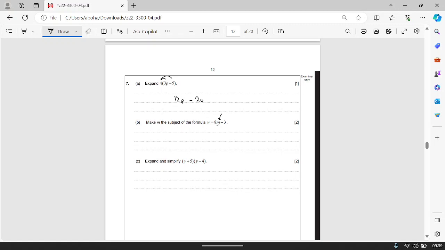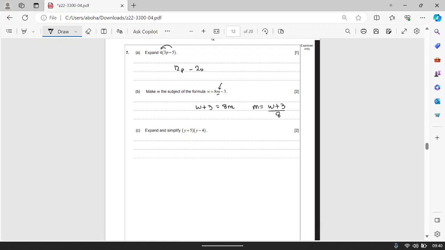So the first thing I'm going to do is get rid of the -3 by adding 3 to both sides. So w plus 3 equals 8m. And then finally, to get m on its own, I'm going to divide both sides by 8. So the final answer is m is equal to w plus 3 over 8.